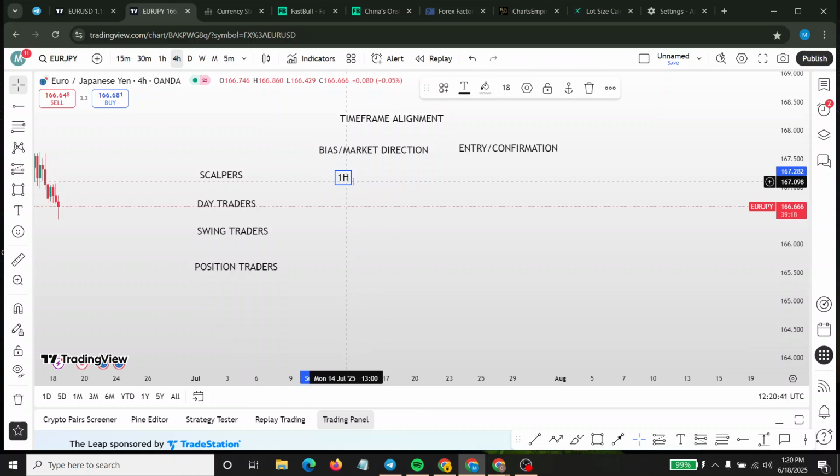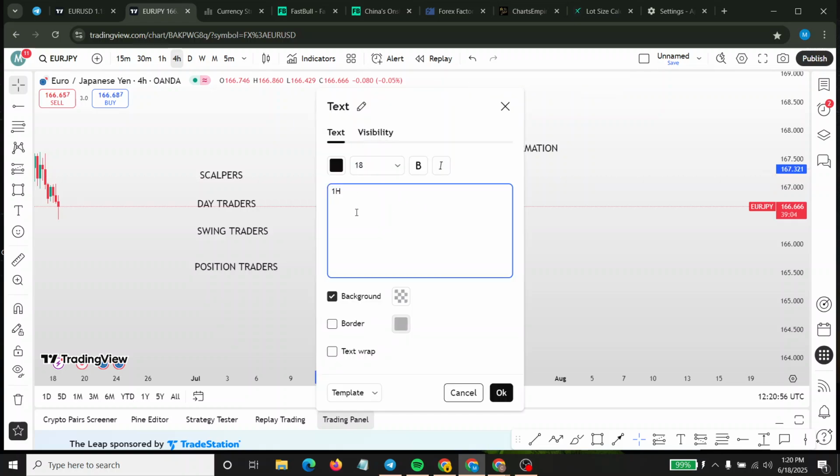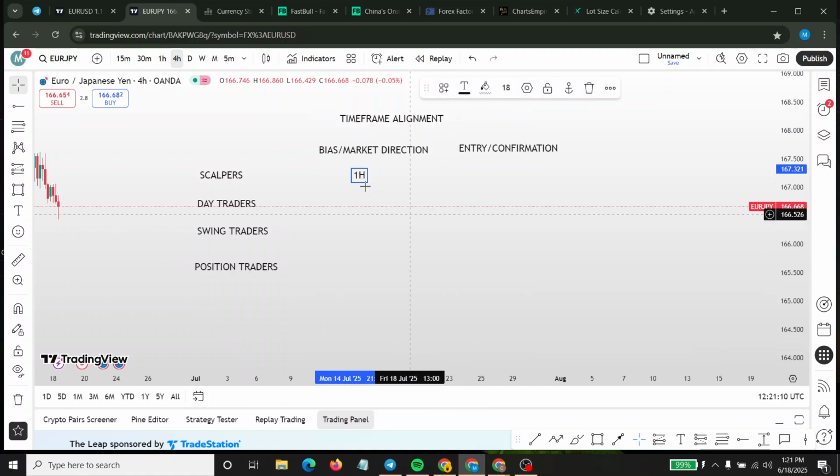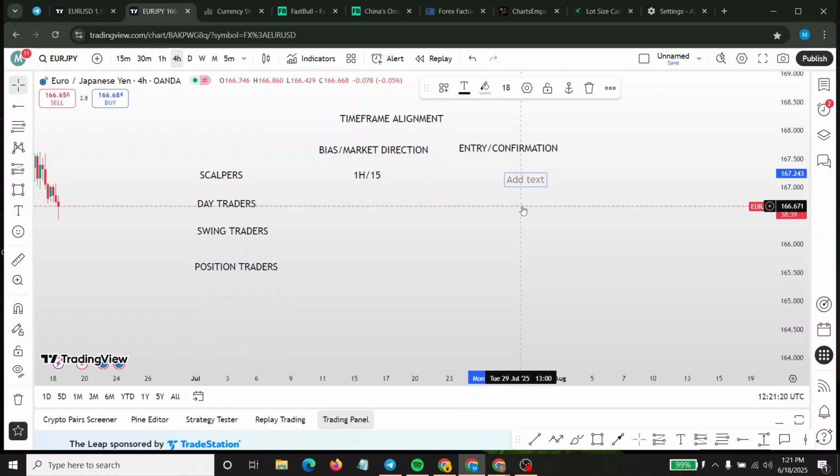So scalpers make use of the 1 hour for market direction, or the 4 hour, 1 hour, or 15 minutes for direction, and they make use of 5 minutes or 1 minute for entry.